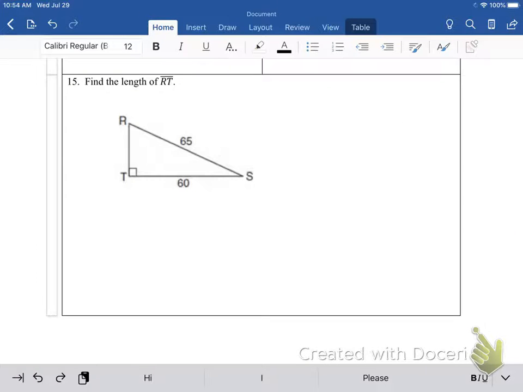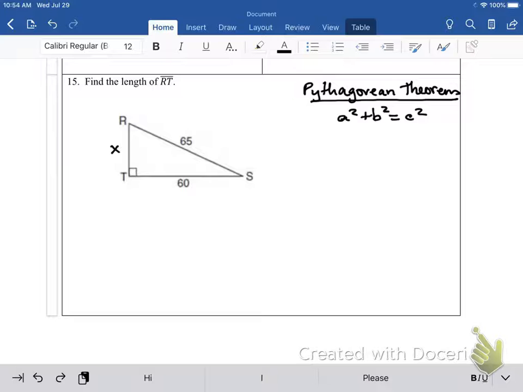Okay, so now the last question. This is a right triangle. We need to solve for RT. Let's put an X there. So this is not really an algebra thing, but it is a question that comes up quite a lot. This is the Pythagorean theorem. The Pythagorean theorem is a squared plus b squared equals c squared.